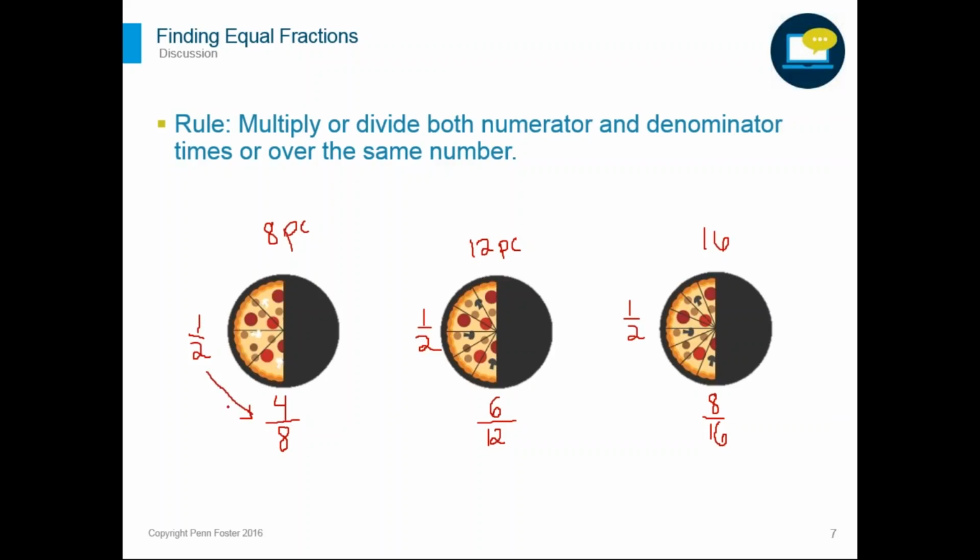The fraction 4 over 8 looks so different from a half, but the core value of 4/8 is actually a half. In this case, we say that half and 4/8 are equal fractions. Same thing here, half and 6/12. They look so different, but they are equal fractions. And the same thing with the third pizza here.